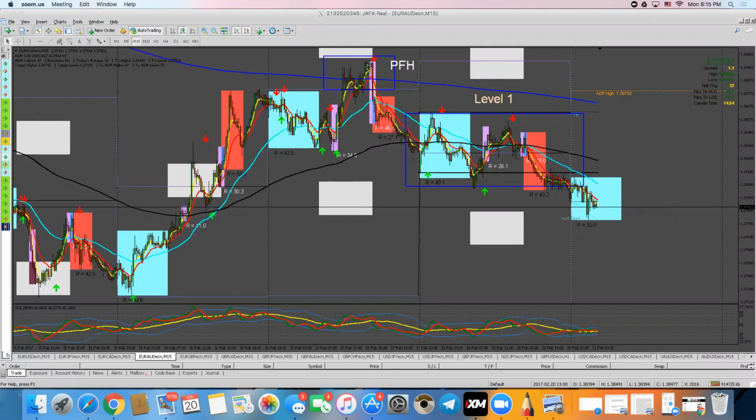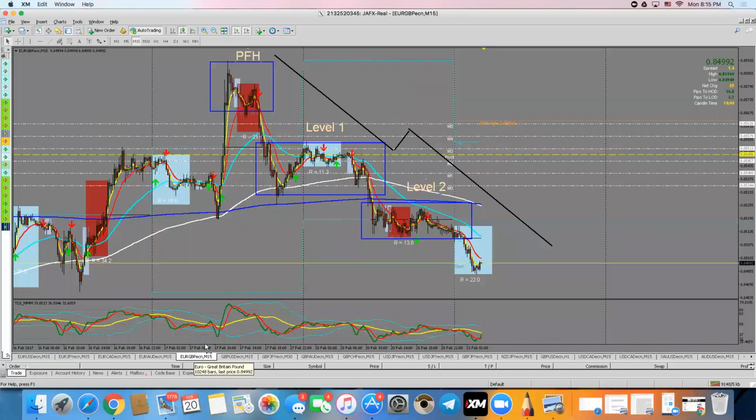You see how it's starting to tie in, right? And they're all in level 1 so far. And you see, Euro GBP had a head start. Level 1, level 2. You knew this was coming. All right, another tip.